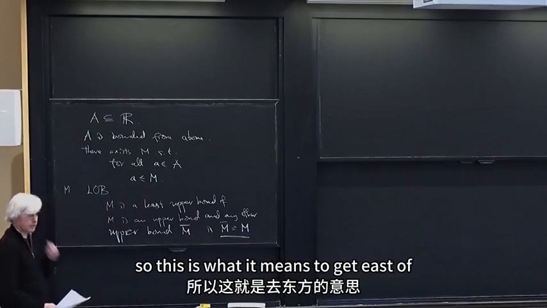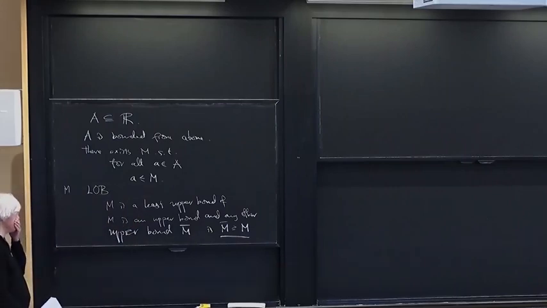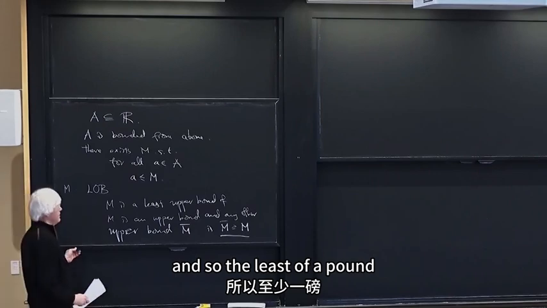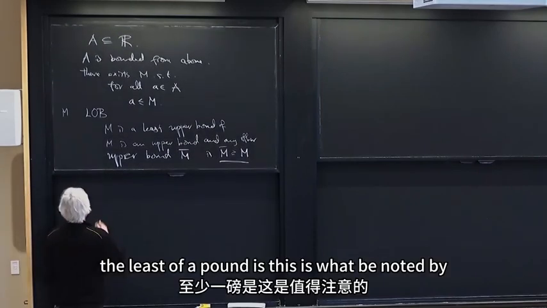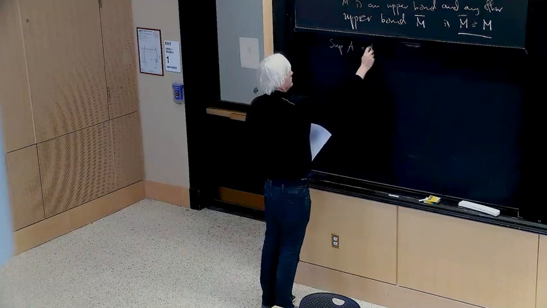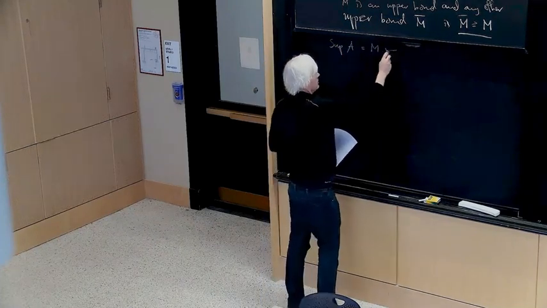So this is what it means to be a least upper bound. And the least upper bound is what we denote by sup. This here is the least upper bound.